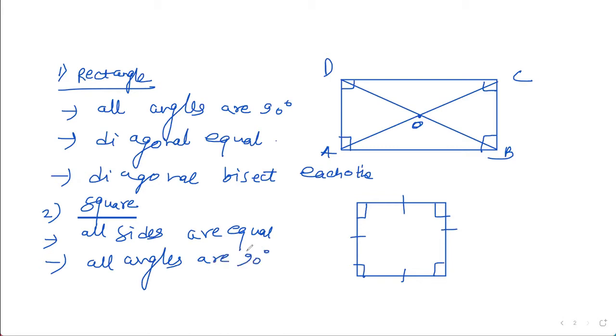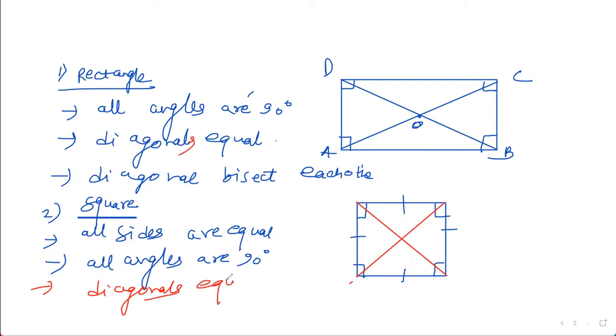Coming to the diagonals now. If I draw the diagonals for this square, then these diagonals are equal. Here also the diagonals are equal, a very, very important property.